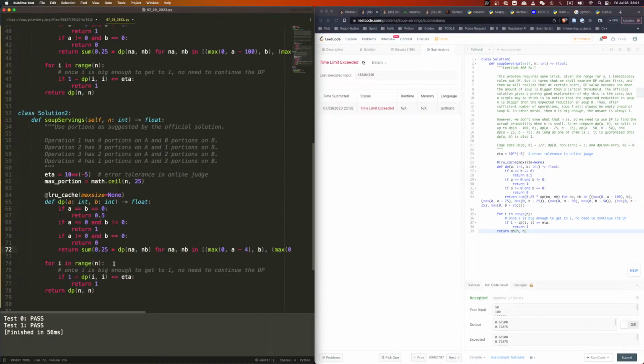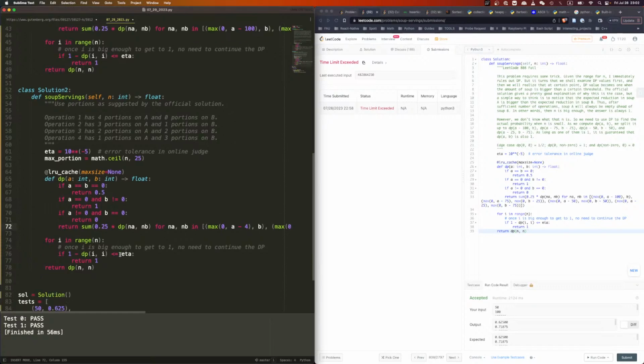Okay. And it's going to be max portion. Max portion and max portion. Probably have to be plus 1.